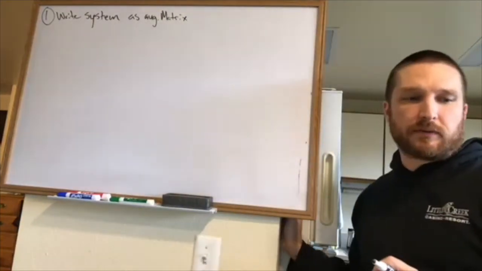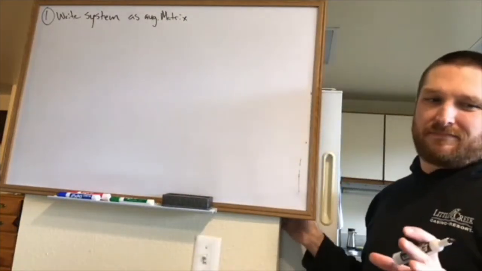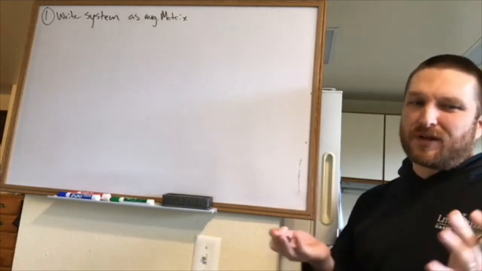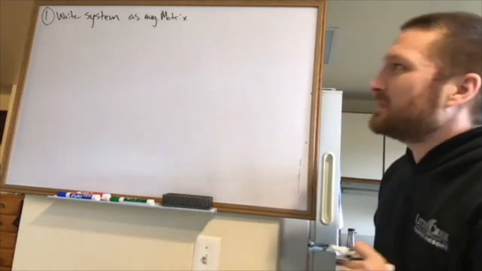That's pretty straightforward. Do you have any questions about that, like how we do that? I think we went over it pretty well, right? Okay. Yeah. Write the system as an augmented matrix.